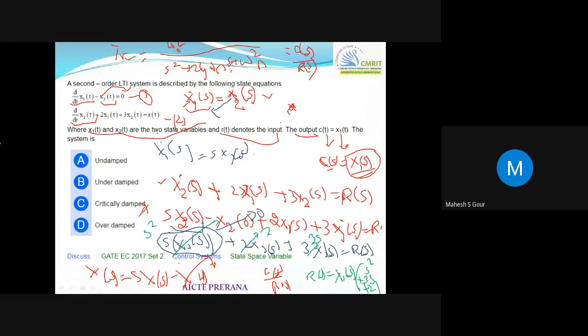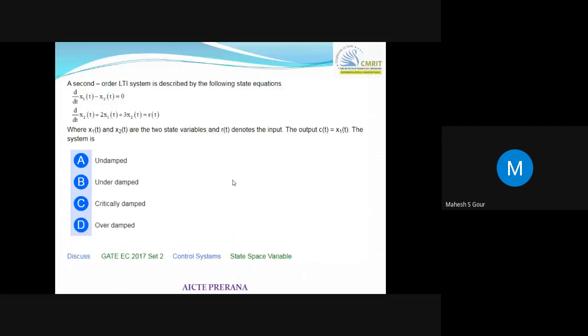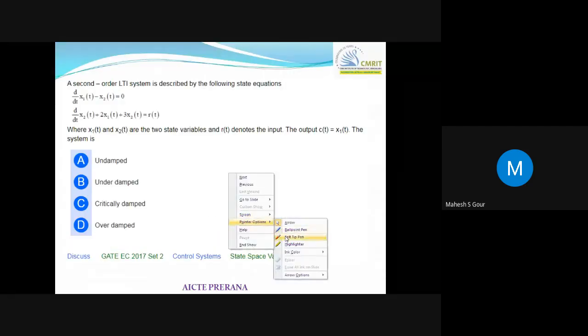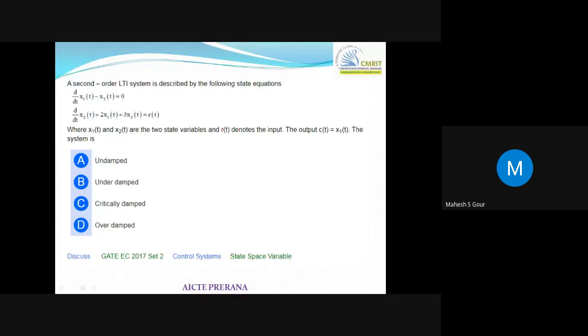R of s is equal to x1 of s into s square plus 3s plus 2. Anyone didn't get till here?